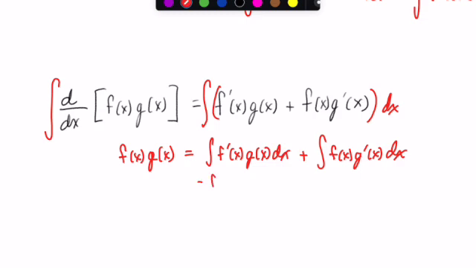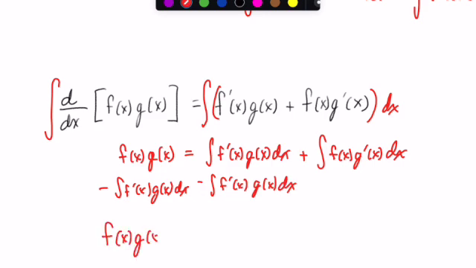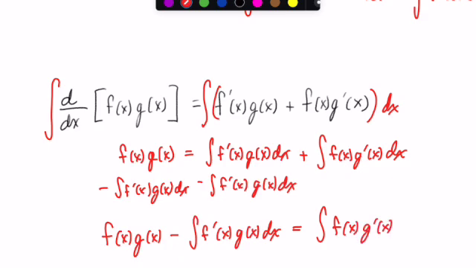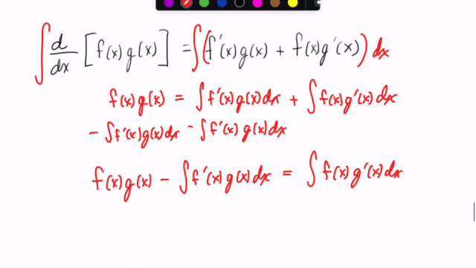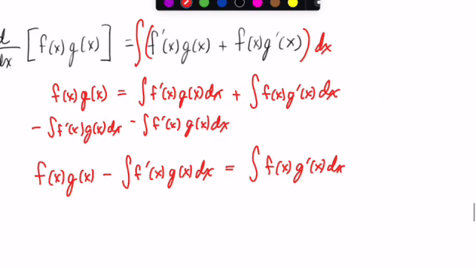And all we have to do is move that first one over. And we get that, oh, look, f of x g of x minus the integral of f prime of x g of x dx is equal to the integral of f of x g prime of x dx.